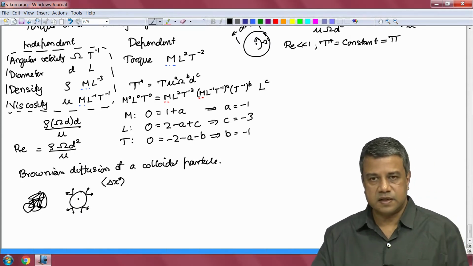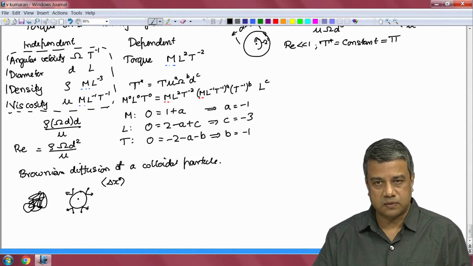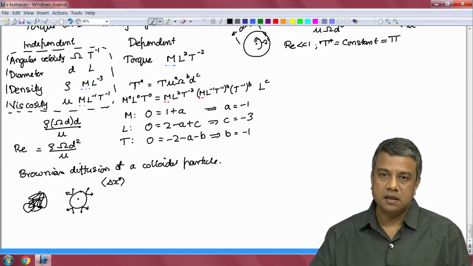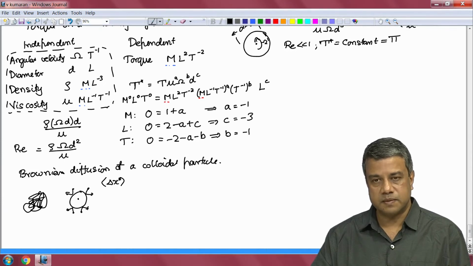If you take the average displacement, because it does not have preferential motion in any particular direction, the average displacement is always 0. But the square of the displacement is not 0, because when you take the square, it is always positive, whether the displacement is in the plus x direction or minus x direction. Therefore, the square of the displacement adds up.